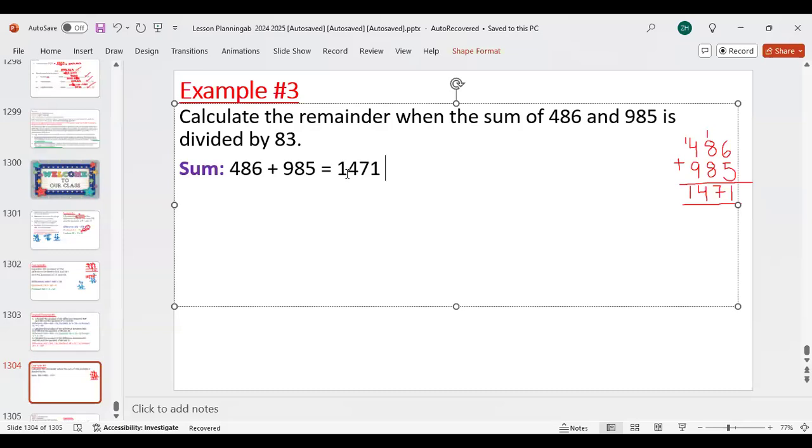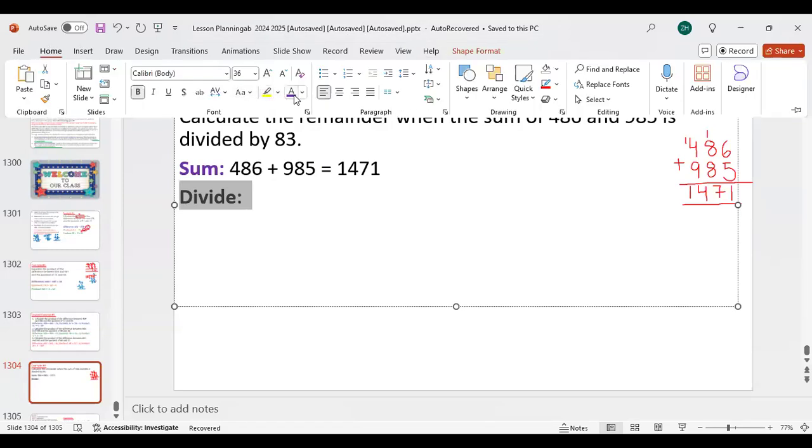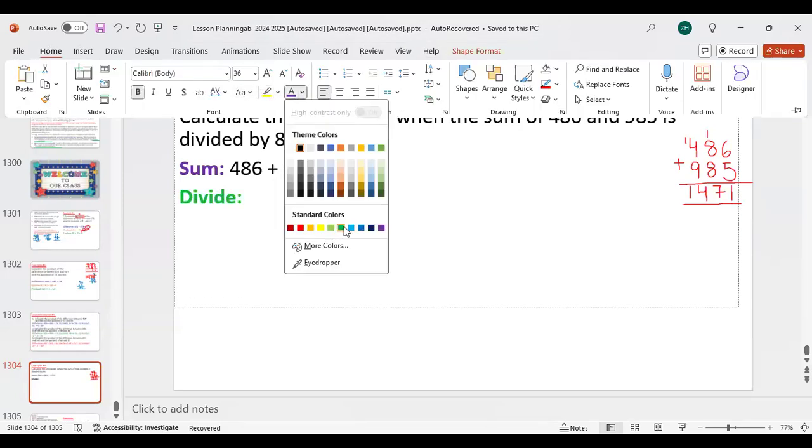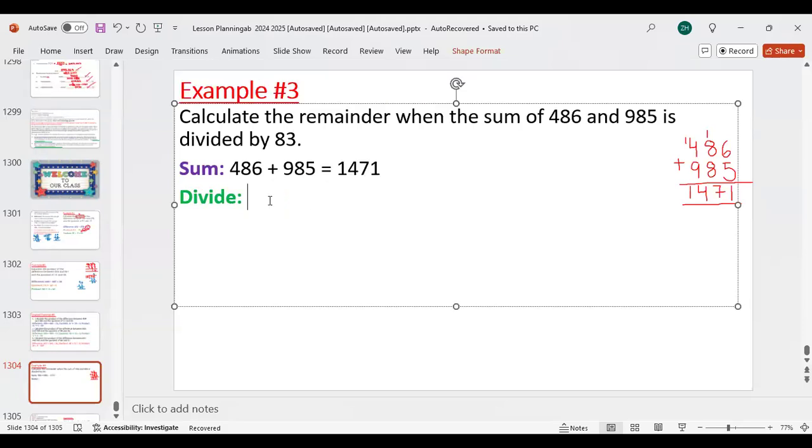So 1,471. Good. Then we have to divide, right? We have to divide 1471 by what? 83.